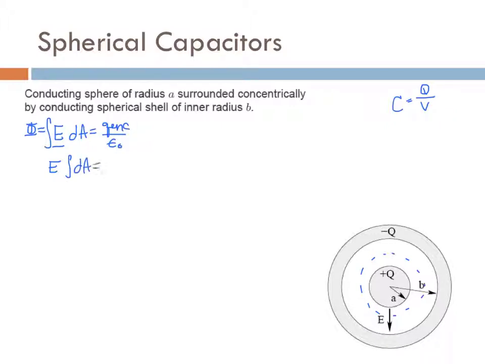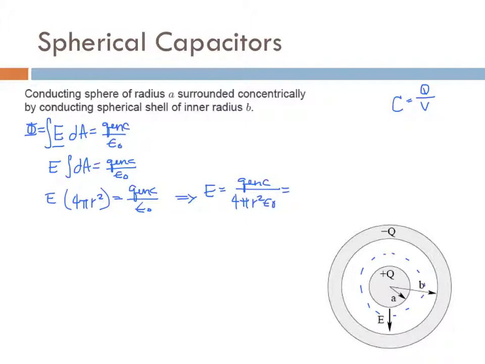And then my area is 4 pi r squared, the surface area of a sphere. Again, we've seen this calculation quite a few times before. So my electric field is simply Q enclosed over 4 pi r squared epsilon naught, or if you wanted to simplify this, it would just be kQ over r squared.